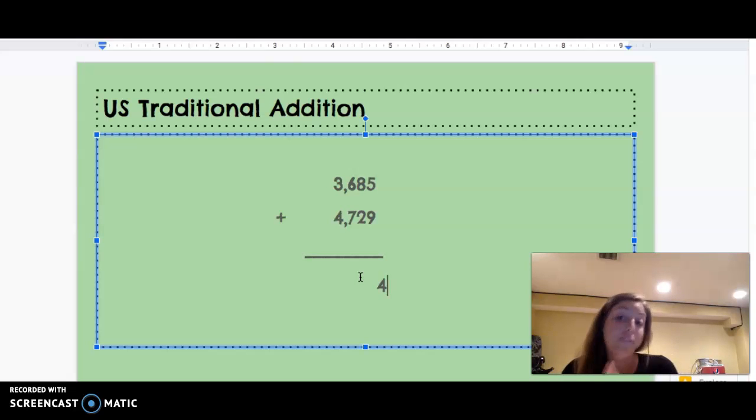So I'm going to put my 4 down in the ones place, and I'm going to carry up my 10 so that it is in the tens place now. Now in my second column here, I have 80 plus 20 plus 10. Okay, so I know 80 plus 20 would give me 100, plus another 10 would give me 110. So I'm going to put this down here.